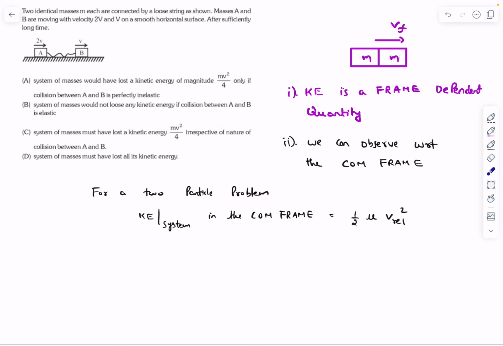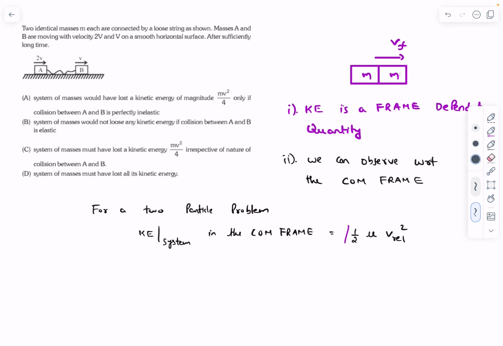Now this vrel is the difference in velocity vectors in the ground frame. So here in this question, if they were approaching each other, it will be 2v minus v, which will become 3v. I'm going to directly use this result, but the proof is also pretty simple.